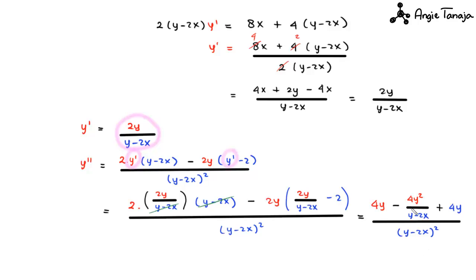And then try to make the denominator to be the same, like this. So then here will be 4y times with y minus 2x minus by 4y squared plus by 4y times y minus 2x. And then you also still have over by another this, so I just put it here.